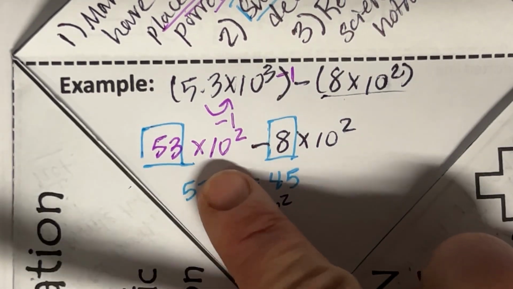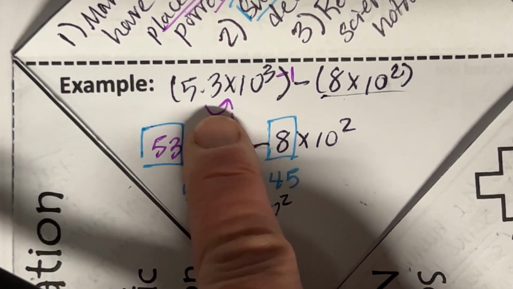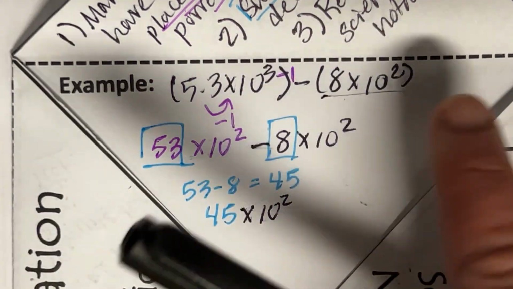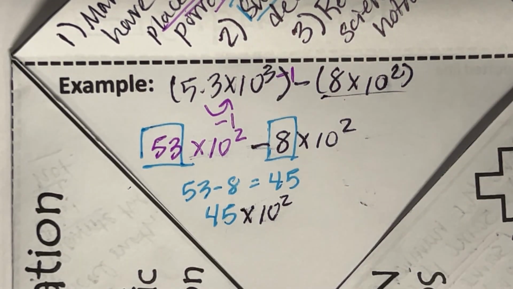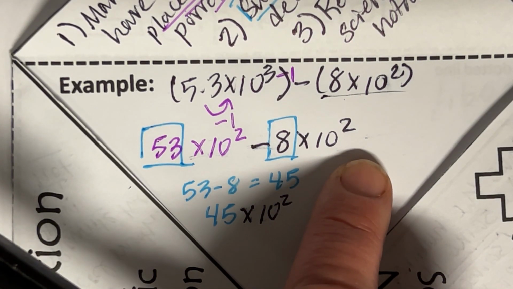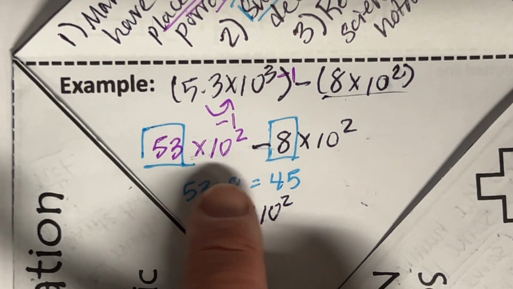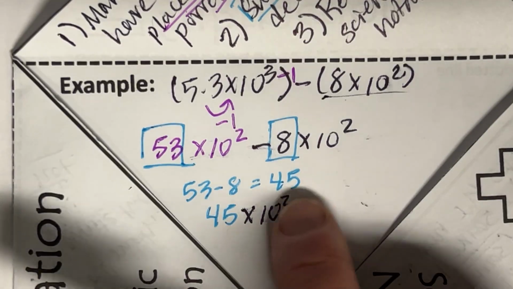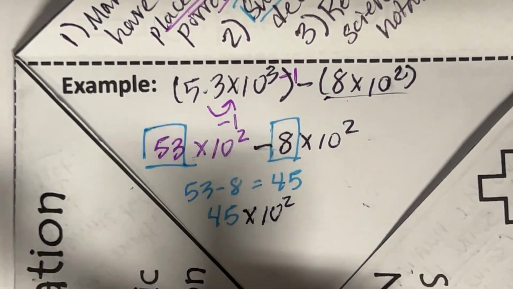Now notice, I'm not adding these place values because 5.3 times 10 to the third is 5,300, and 8 times 10 to the second is 800. And when I subtract those, I'm going to get a much lower number. So I'm not going to do anything with these exponents here. I'm not going to turn this into 10 to the 0 or 10 to the 4th or anything like that, because first, these 2 values are being subtracted.